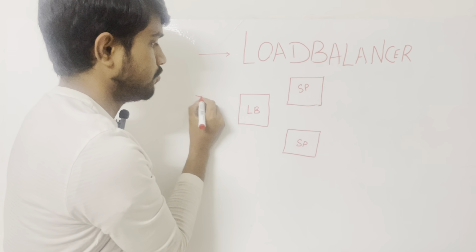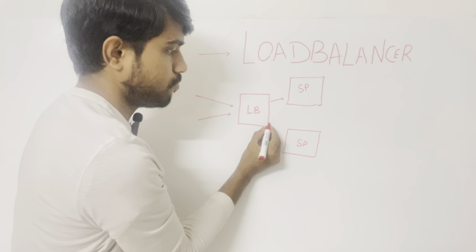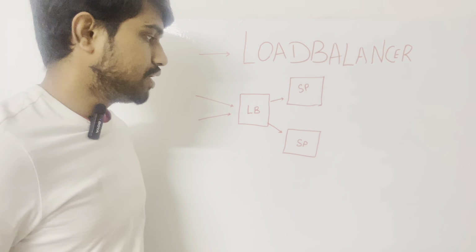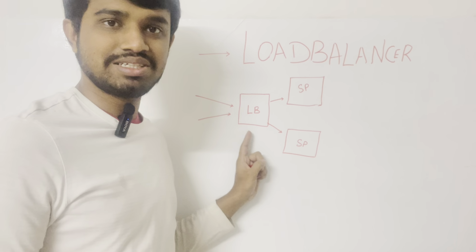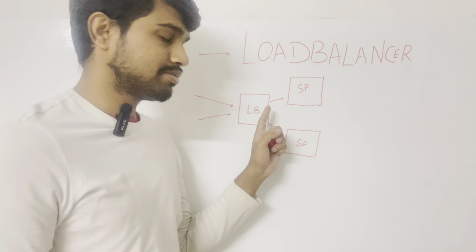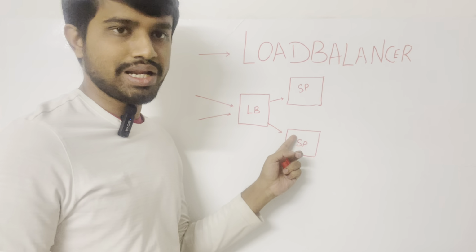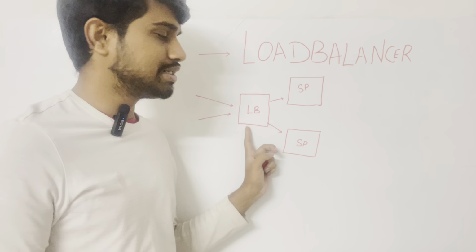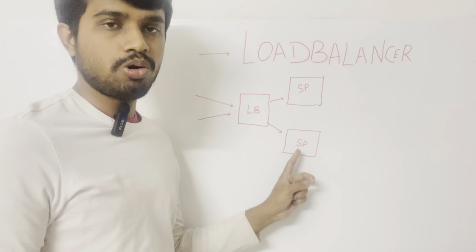So if, for example, two requests come, it will divert one here and one here. This is like a traffic controller. It diverts traffic to the right roads based on the amount of congestion. The servers will be running the same code, and the load balancer will sit in front of them and distribute the traffic to all the servers.